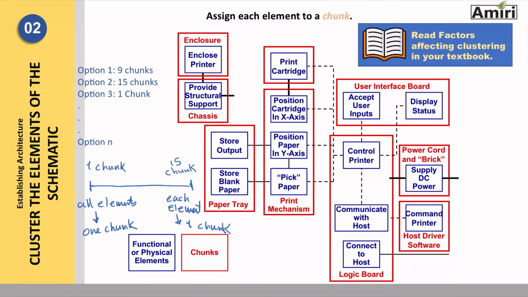So in this schematic, we're at 9 chunks. So we're kind of in between. We're kind of somewhere here, not at any of the extremes. So again, it depends on the team, depends on design capabilities, depends on the product, depends on the decision between modular versus integrated architecture, and the factors that we talked about in video 1.